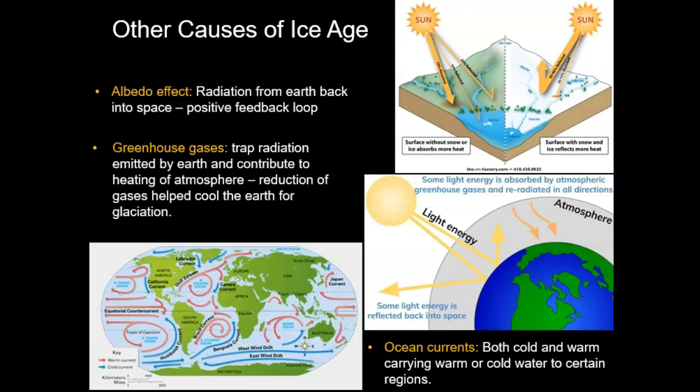So there are other causes that help explain the magnitude of the temperature changes that occurred during the most recent ice age, however. One of the factors influencing these temperatures involves the variations in the composition of the atmosphere.